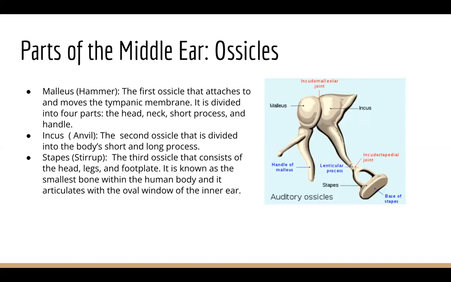It is also known as the smallest bone within a human body, and it articulates with the oval window of the inner ear. On average, the stapes is 3.5 millimeters in height and 2.4 millimeters in width, and the acoustic vibrations are transmitted to the foot plate of the stapes, which is also responsible for moving the fluid within our inner ear.